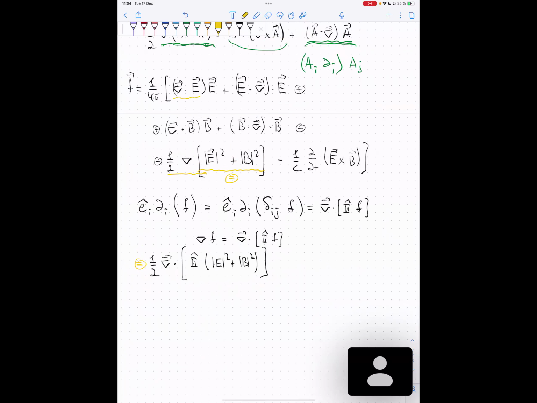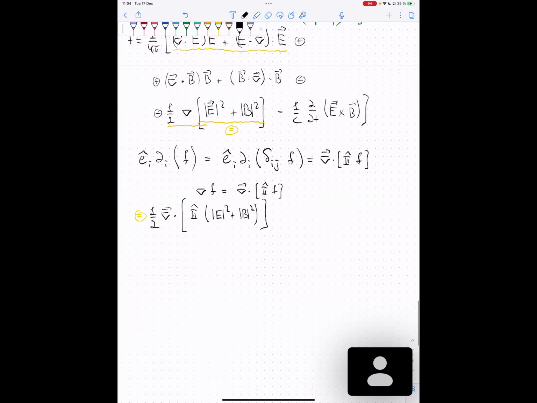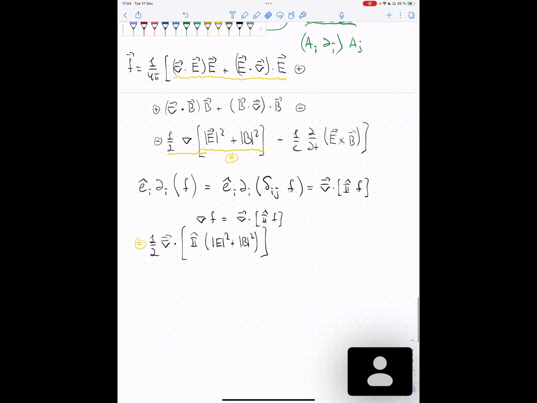And for this part, let me use another color.